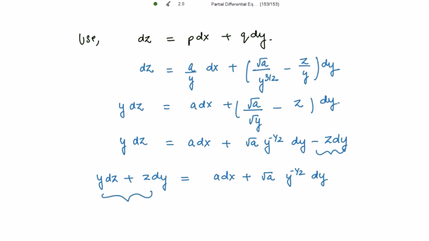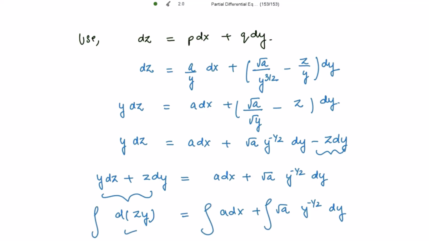We can write this as the derivative of zy. So d(zy) is equal to a dx plus square root a y to the power minus 1 by 2 dy. Now we can easily integrate all of this.